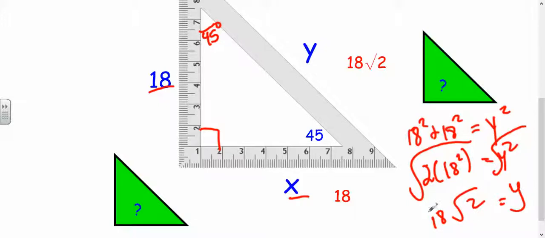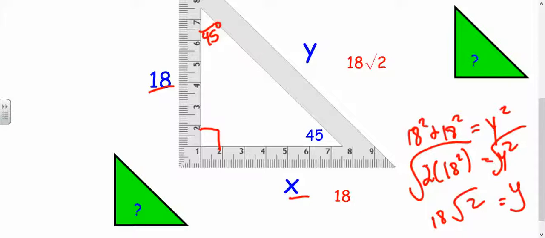All right? So you can do that math because it's a 45, 45, 90 triangle. You can use Pythagorean theorem right here, that's what I'm doing, or you can recognize the relationship of the 45, 45, 90 triangle and just know that that's the answer. All right?